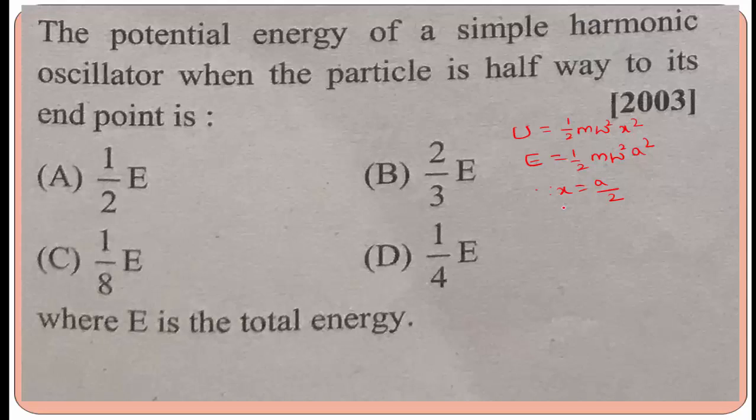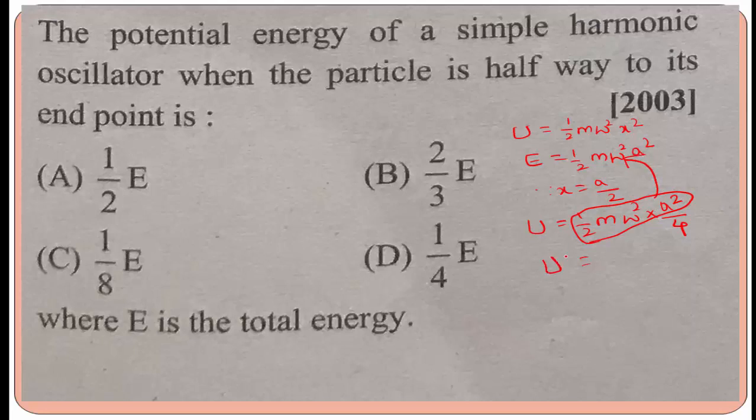Therefore, U is equal to 1 by 2 m omega square into a square divided by 4, or here it is 1 by 2 m omega square into a square. This equation is equal to energy of the simple harmonic oscillator.